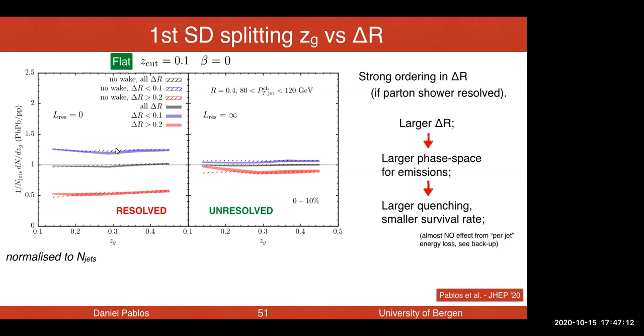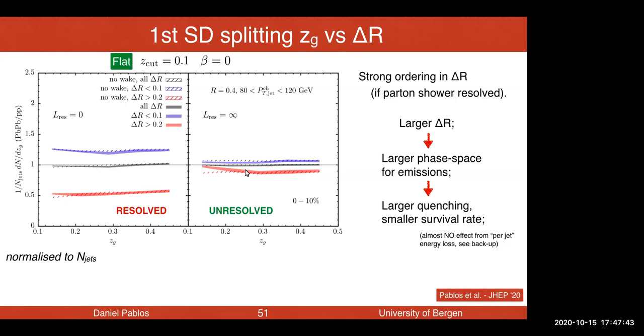What we saw is that there is a strong ordering in this angular separation between the two branches if the parton shower is resolved. If it's not resolved, then of course the medium cannot tell which jet was wider than the other one, so the separation is much less, and its origins are the quark-gluon fraction and some small hadronization effect.